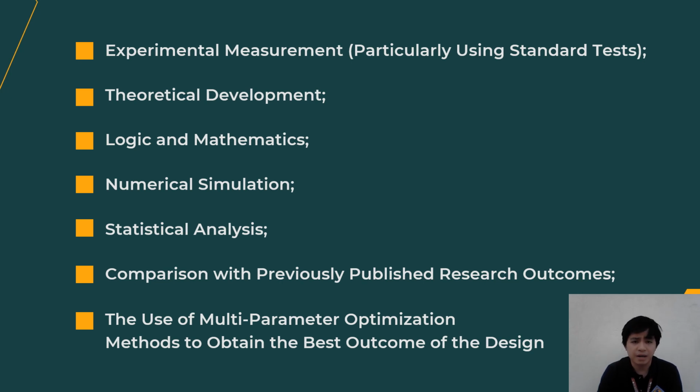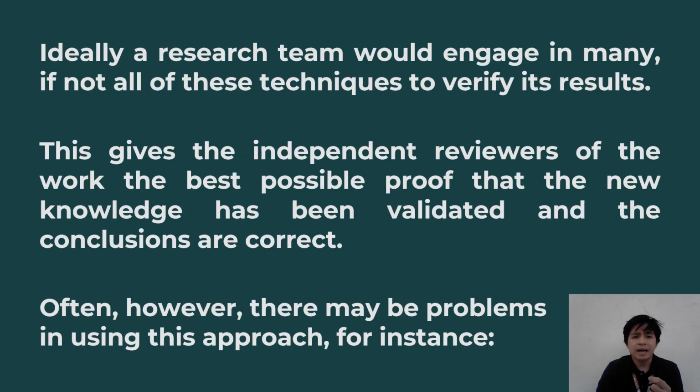Also comparison with previously published research outcomes, where researchers look for data or information from other researchers' outputs or outcomes. And the last one is the use of multi-parameter optimization methods to obtain the best outcome of the design.